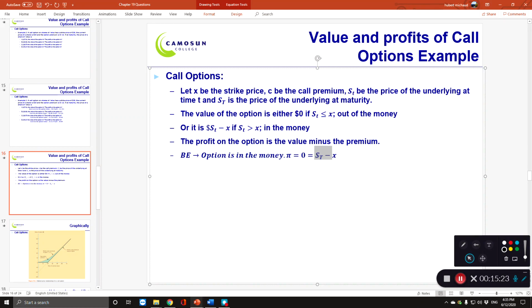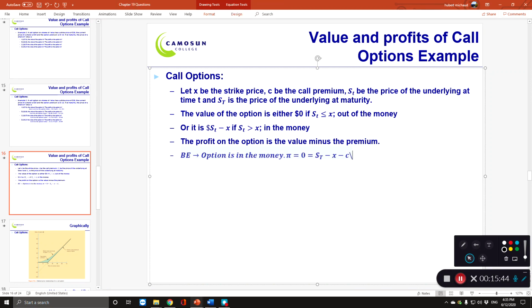This is the value of the option. We know that the profit is the value of the option minus the call premium. And we know that at the break-even price, this has to be 0. By solving for ST, we can find for which ST we have break-even.